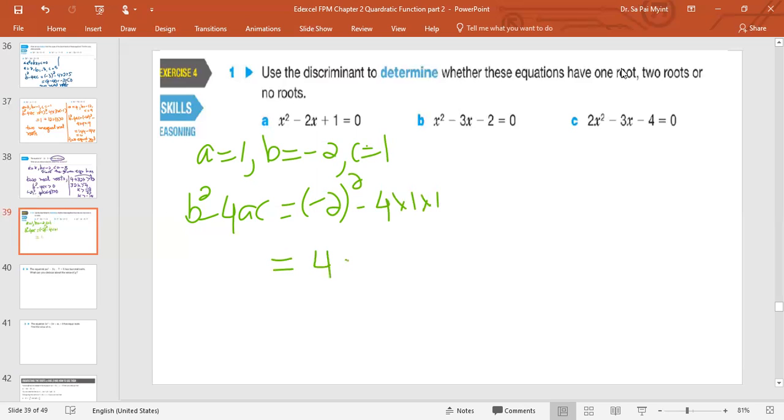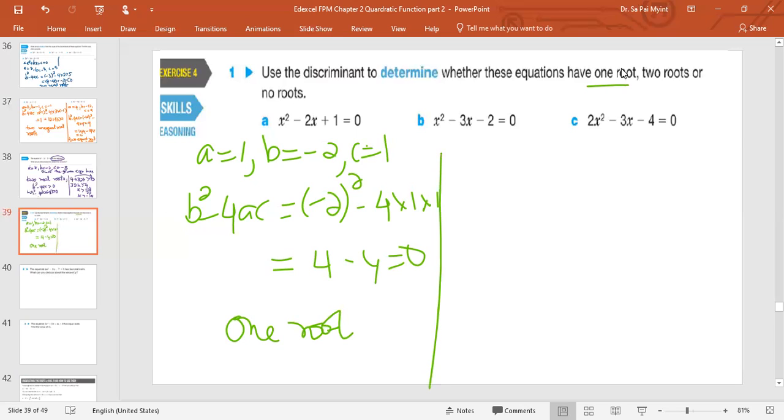What do you get? 4 minus 4 equal to 0. So one root. There are two equal real roots, or one root. You can write here.